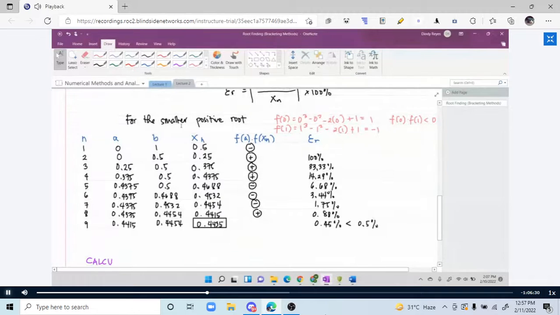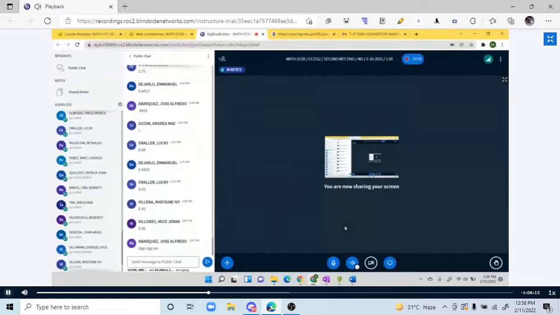Again, do you want me to solve for the larger positive root, or do you think this example is enough for you to follow the concept and the process? Sige po, next topic. Or sige, compute natin yung another positive root.